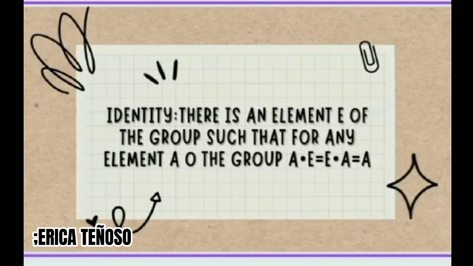The symbol for the identity element is E or sometimes O, but you need to start seeing O as a symbol rather than a number. O is just the symbol for the identity, in the same way E is.